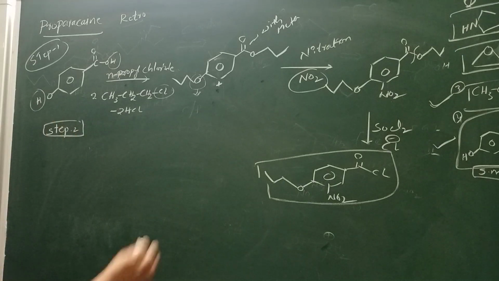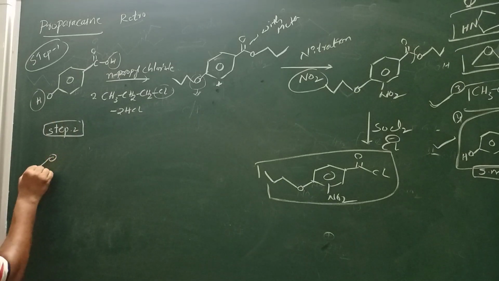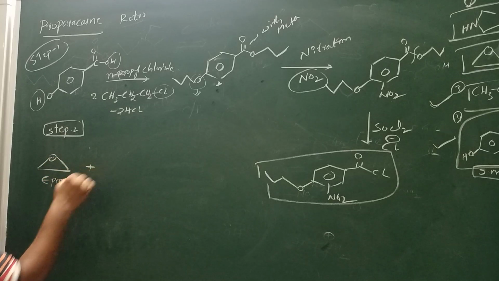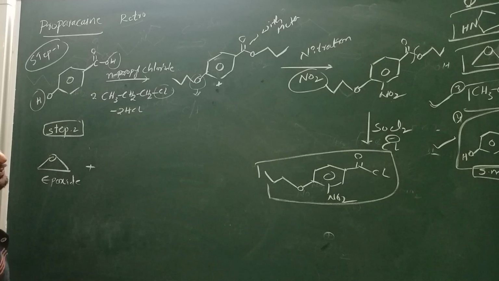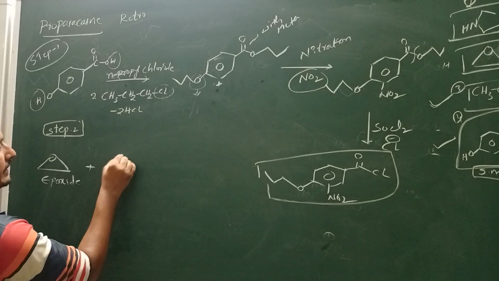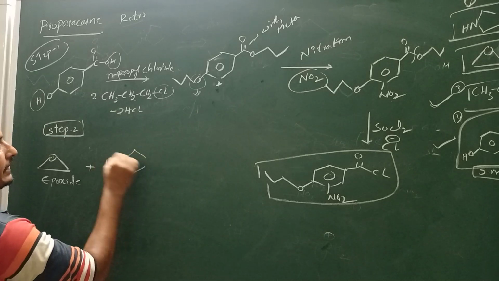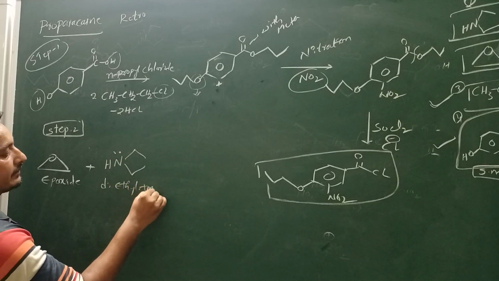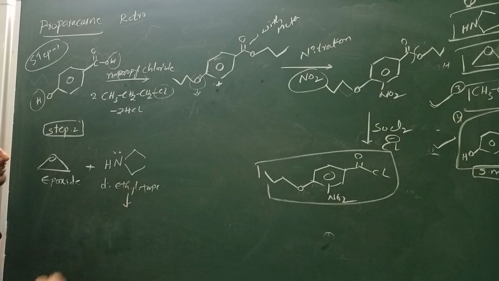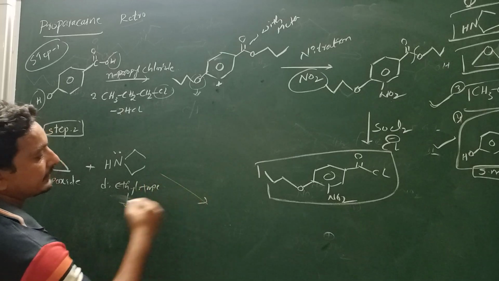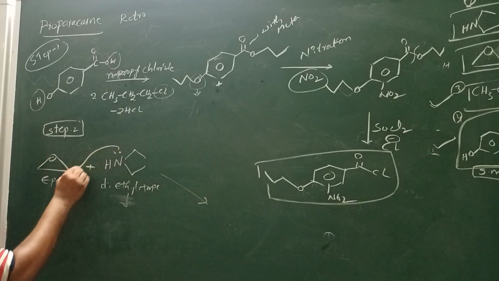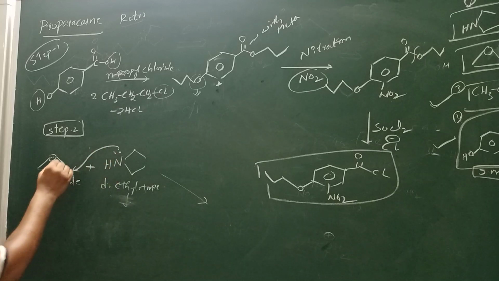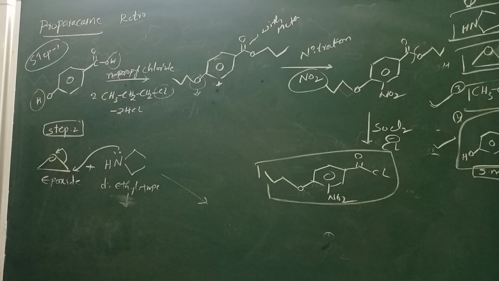Step 2. In step 2 we take the epoxide. When the epoxide reacts with the secondary amine, diethylamine, the lone pair of electrons attacks the carbon and oxygen gets a negative charge.